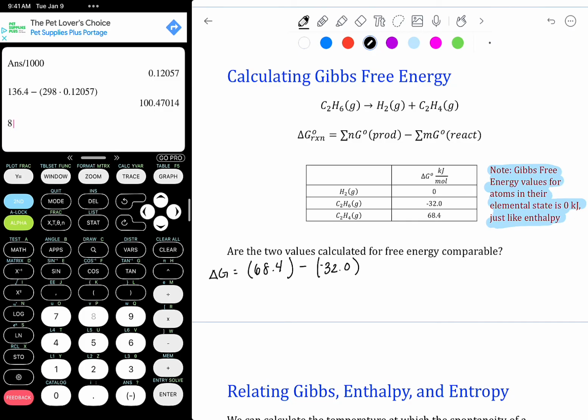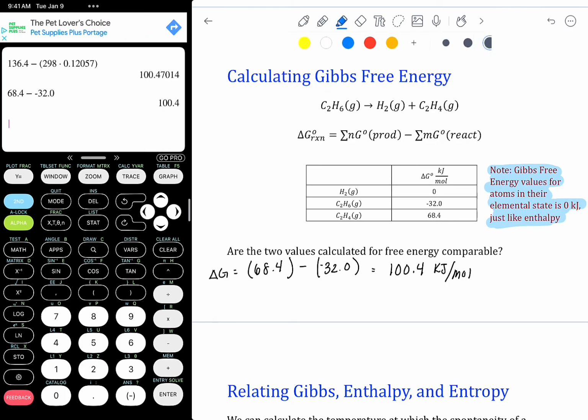So we get 68.4 minus our negative 32.0, and we get 100.4 kilojoules per mole, which is almost exactly what we had in our previous answer. We just have a few more decimal places due to the fact that our enthalpy and entropies had a few extra decimal places in them as well. But really, when it comes down to rounding and those minor changes, they're basically the same. So they are comparable to each other.